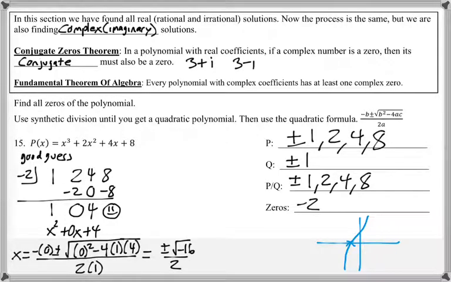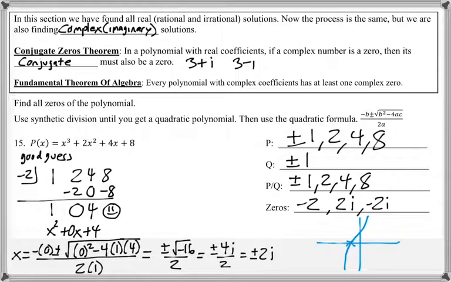The square root of regular 16 is just 4. So the square root of negative 16, because we are considering imaginary numbers, is going to be 4i. And we still have that plus or minus there, and that 2 on the denominator. If I reduce the 4 and the 2, I get plus or minus 2i. So I have positive 2i, and I have negative 2i.